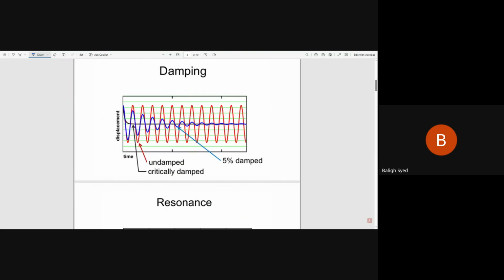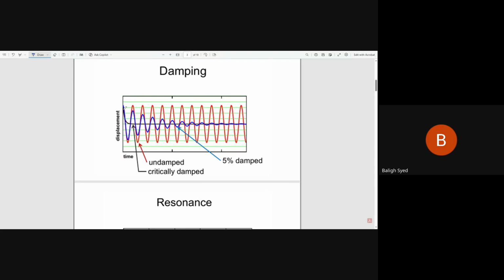If the system has any damping, what is the meaning of damping? In simple words, it is the friction within the system, which brings the system back to its equilibrium, its zero state.